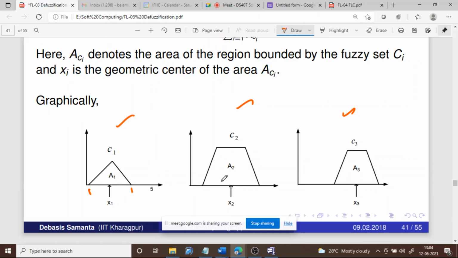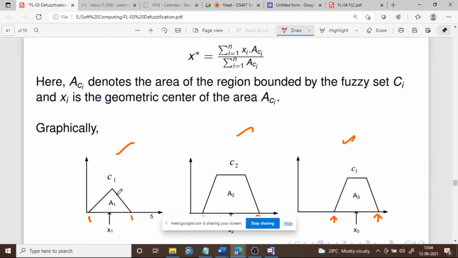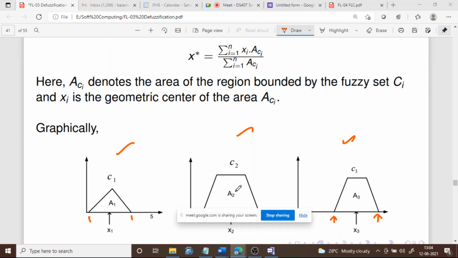Similarly here also, find the center x point, and here also. Now in the numerator it is x1 into the area under this curve plus x2 into area under this curve plus x3 into area under this curve, divided by the sum of all the areas, right? So this is how the center of sum method works.